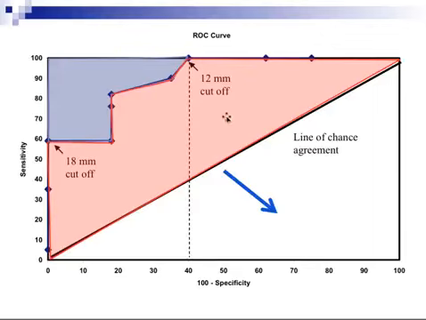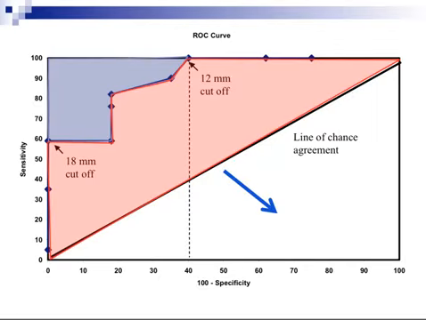So what we're going to be able to do is use this to graphically understand how well a test is performing in making a diagnosis. And the more it pushes into this left corner, or the smaller this area becomes that's in blue here, then the fewer mistakes are being made. And the bigger the red area, the more correct decisions we're making using the test clinically. And so it gives us a graphical way of comparing two different tests that have different cutoff values, and also to think about what cutoff value is best to use.